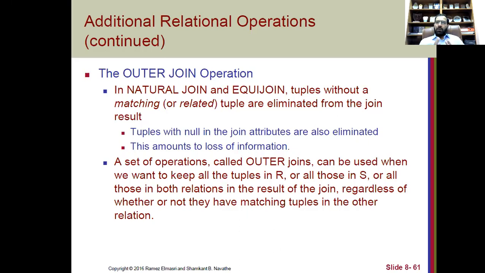Sometimes you only want the unmatched tuples of S, that is the first case, or you are only interested in the unmatched tuples of R, this is the second case, and the third case is that you are interested in all unmatched tuples of R and S both. So actually there are three types of outer joins.